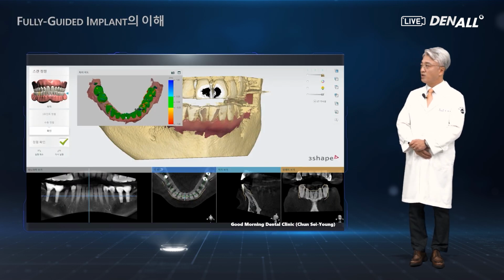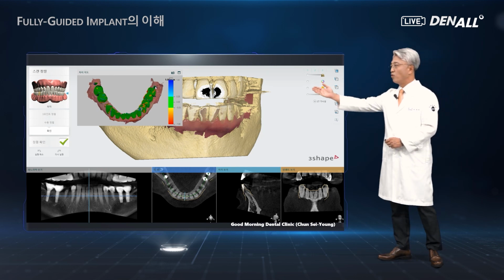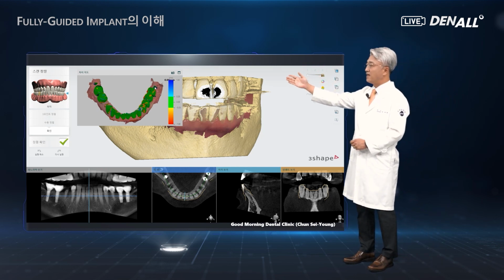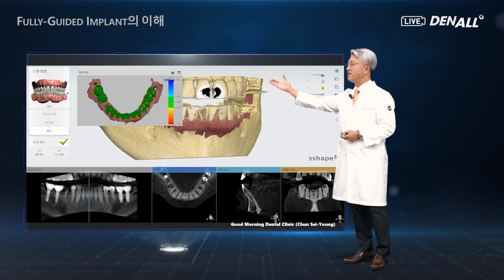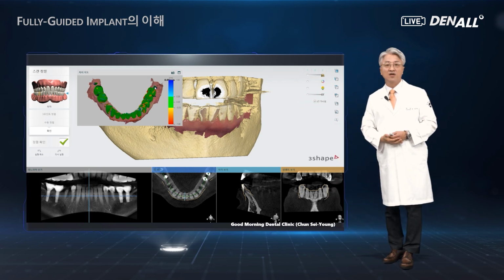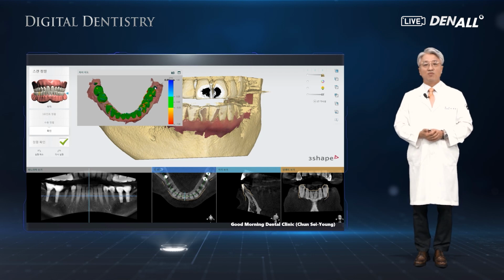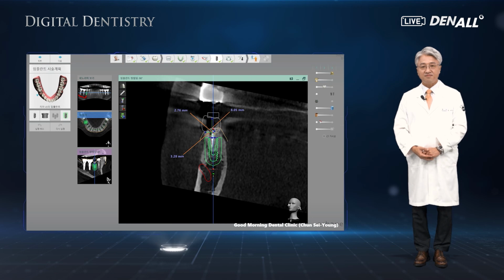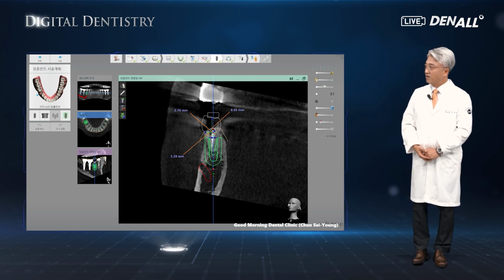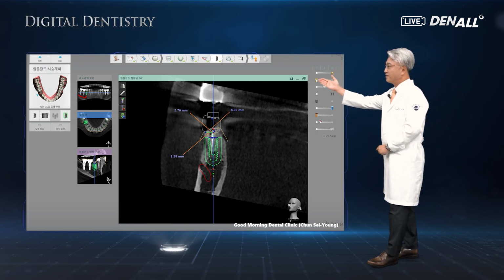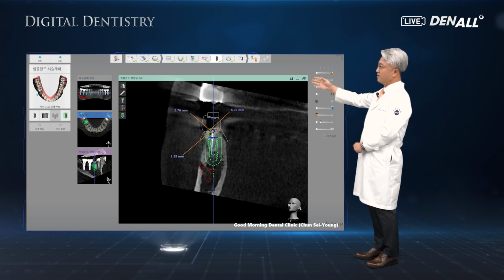In this situation, we design the implants. The accuracy of the merged data should be checked, as in the picture, by confirming how they are matching with the green teeth before moving on to the next step. Then, a very precise full guided implant surgery can be done.